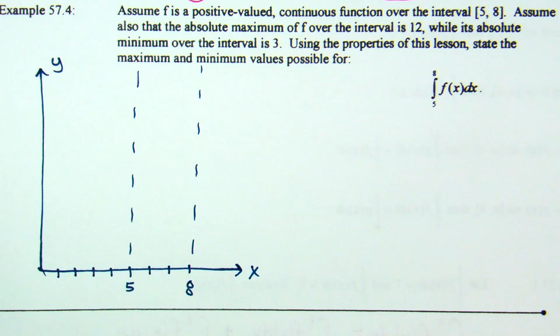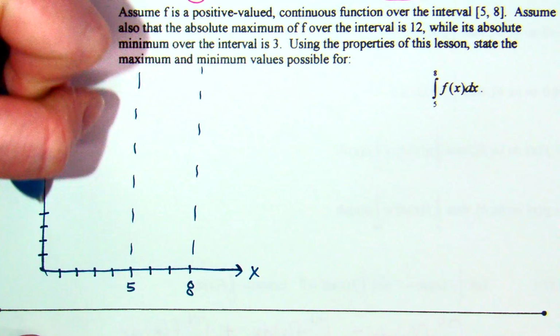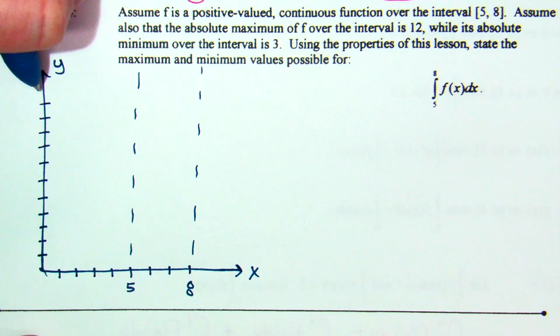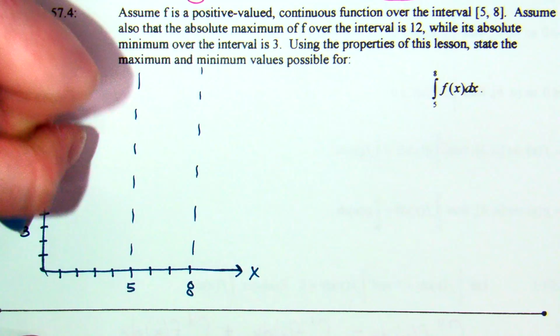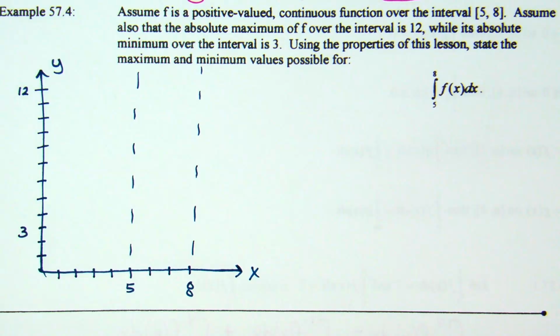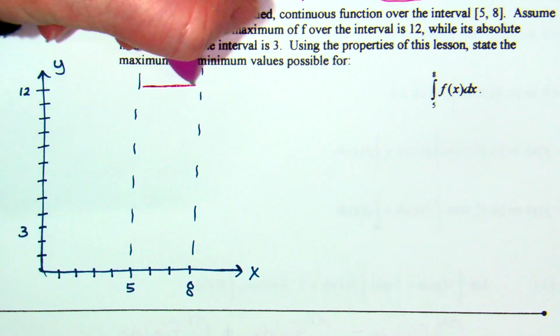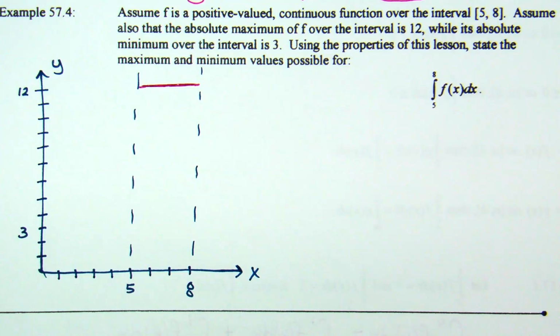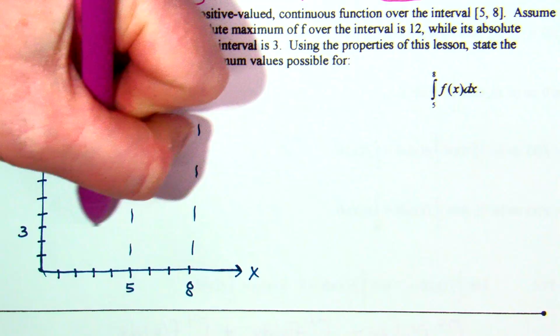We know it's going to have a maximum value of 12 and minimum value of 3. So that means the highest my function can go is here at 12, right? And the lowest my function can go is here at 3. I don't really know what it does before and after here, but I know it's continuous.